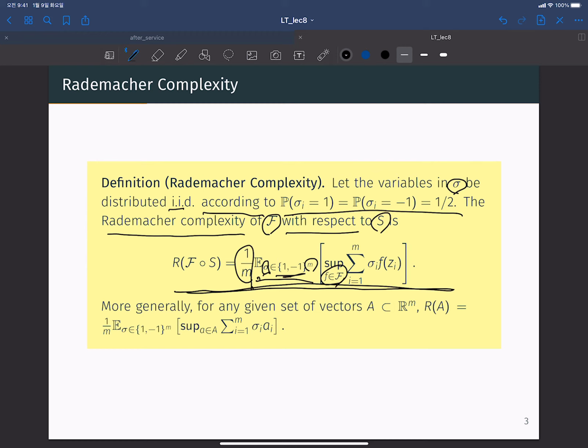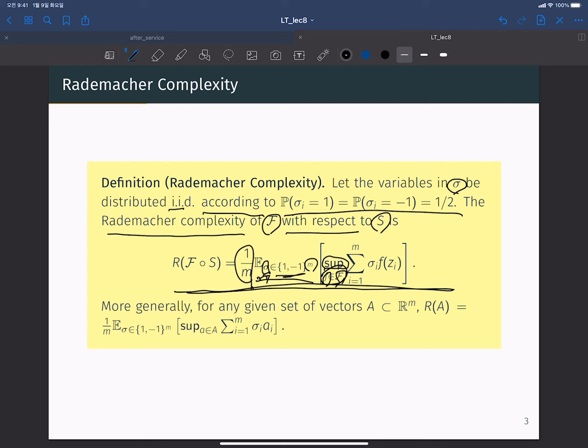So note that here we do not fix a function, but we choose the function for each randomly generated sigma vector. For each randomly generated sigma vector, we find the supremum, the extreme case of function in our function class that maximizes the difference between the estimated test error or validation error minus the training error, when we randomly generate the validation and training set using the sigma vector, the minus-plus m-dimensional vector.